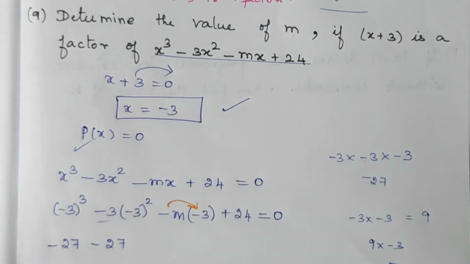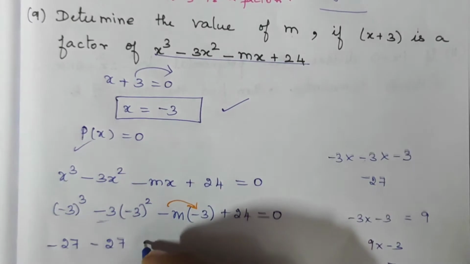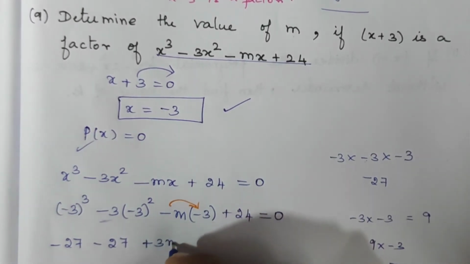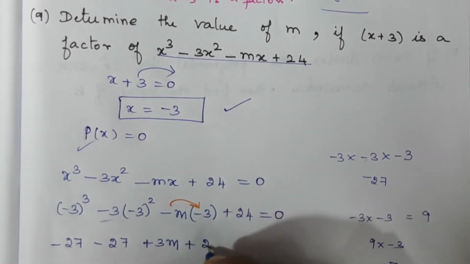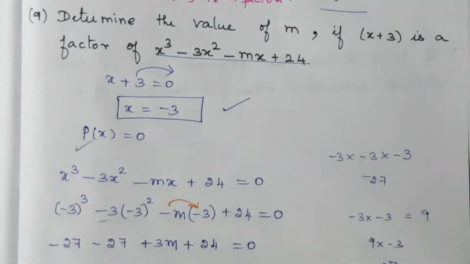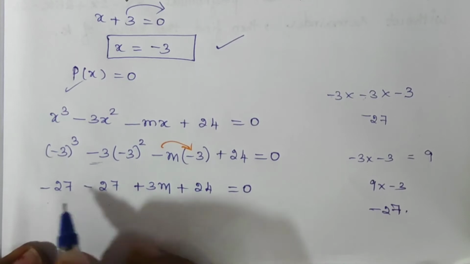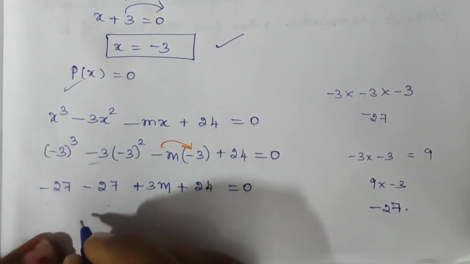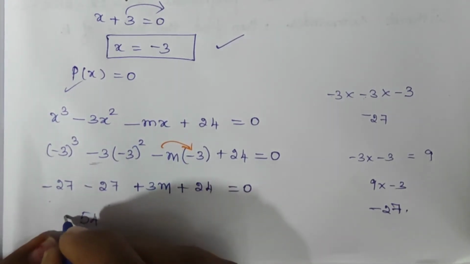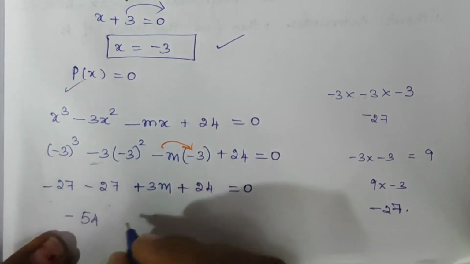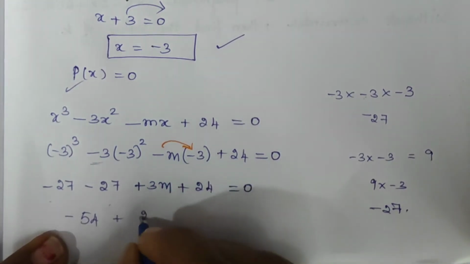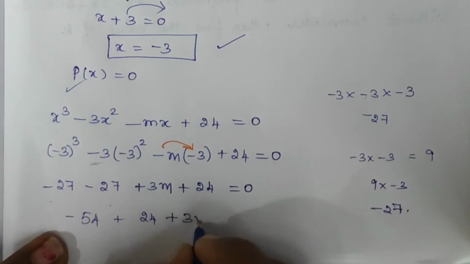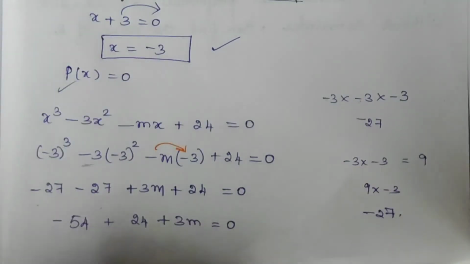Minus into minus plus 3m plus 24 is equal to 0. So minus 27 minus 27, minus into minus plus, so we have to add. So minus 54 plus 24 plus 3m is equal to 0.